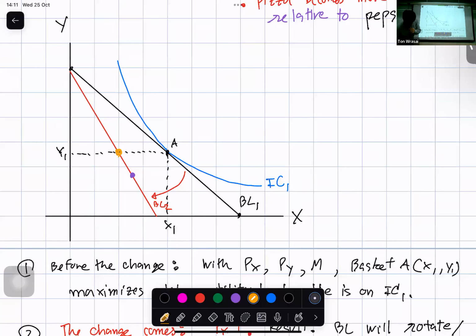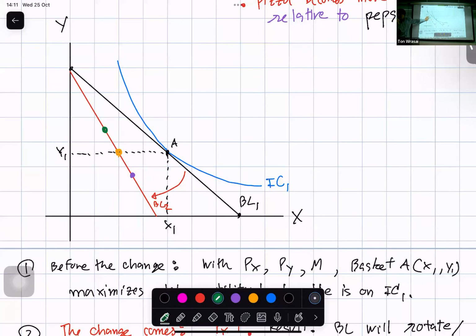And if he selects the green one, it would mean he decides to buy less pizza and more Pepsi.